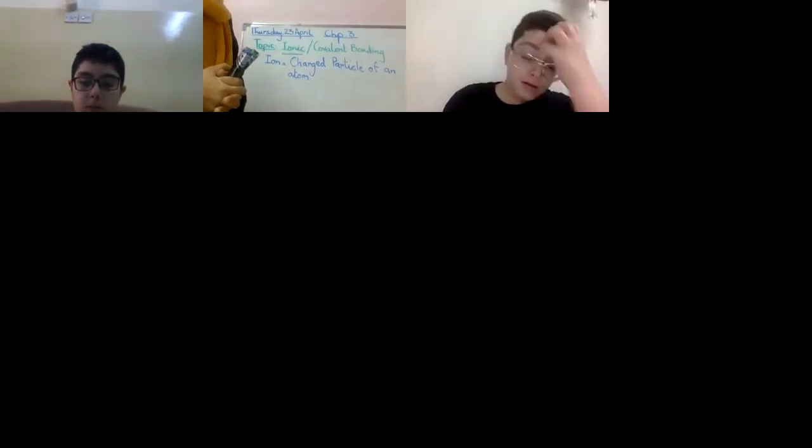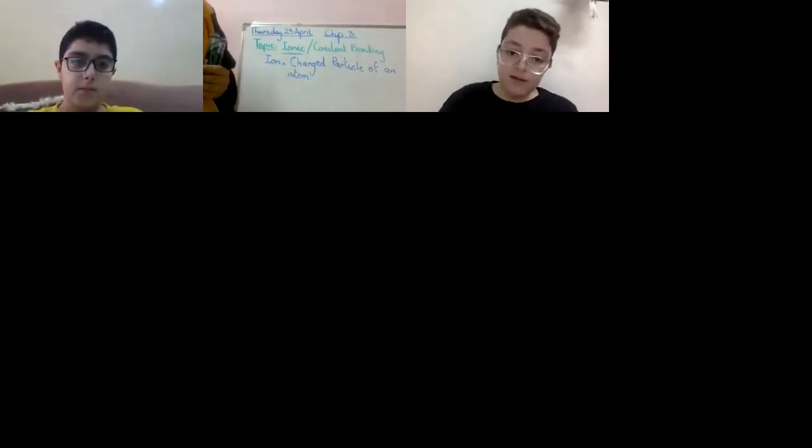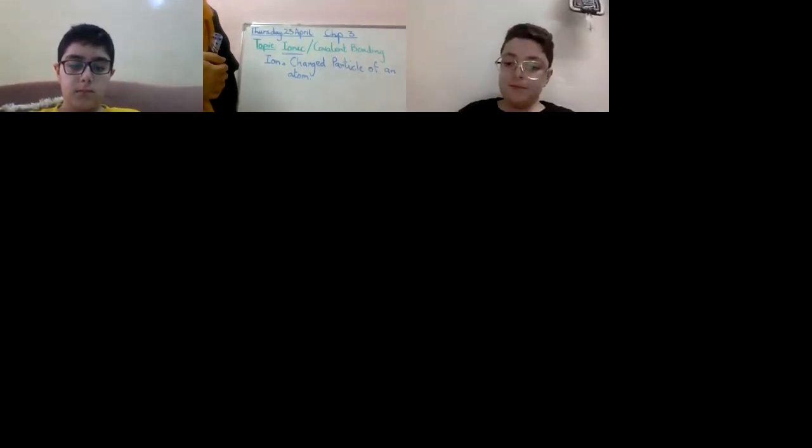But before going into the example, students, today I want to tell you why the atoms do this process of losing an electron and gaining an electron. Why do they do this? In chemistry, the elements try to become stable.